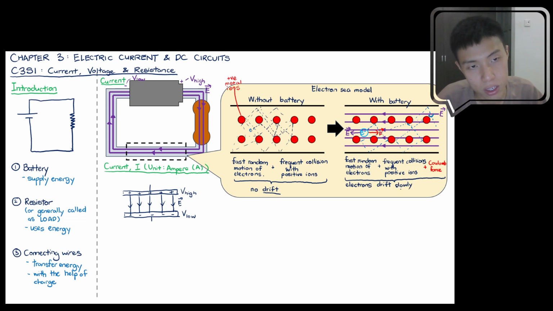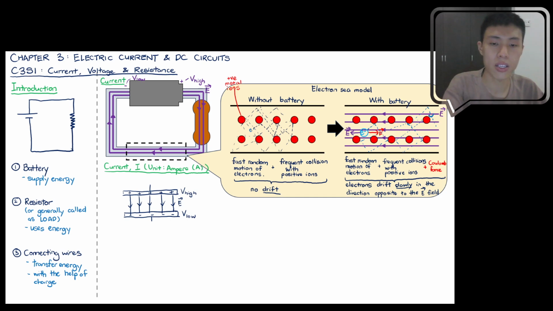Electrons will drift slowly in the direction opposite to the electric field. You can see that the force is pointing to the right, therefore the drift is to the right. To the right means that it's opposite the direction of the electric field.